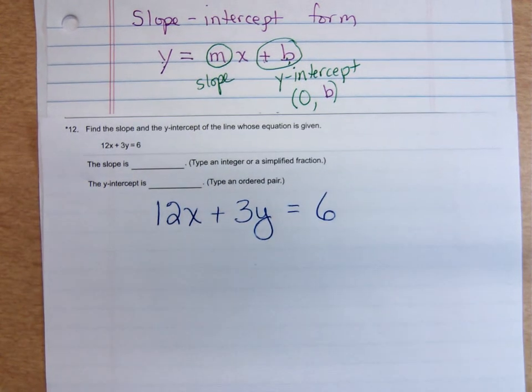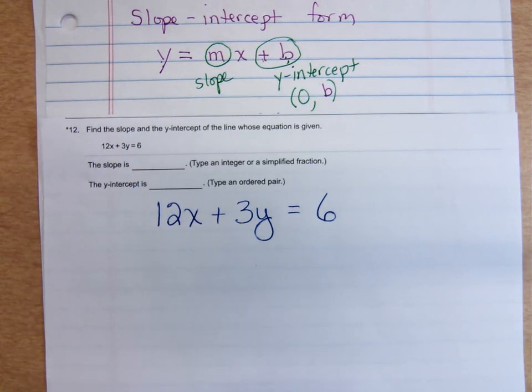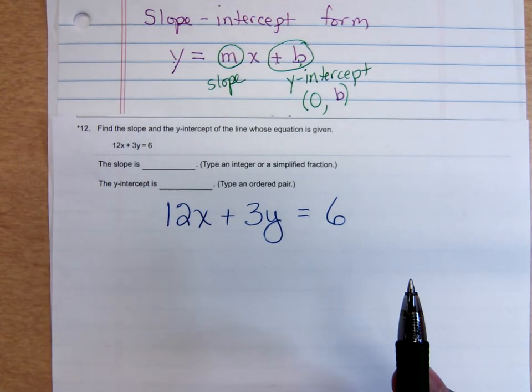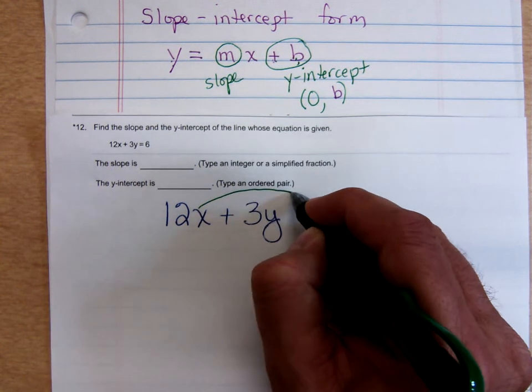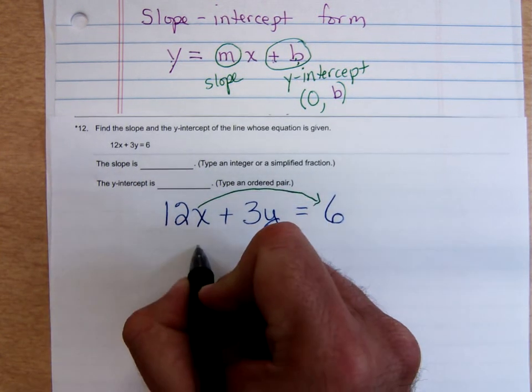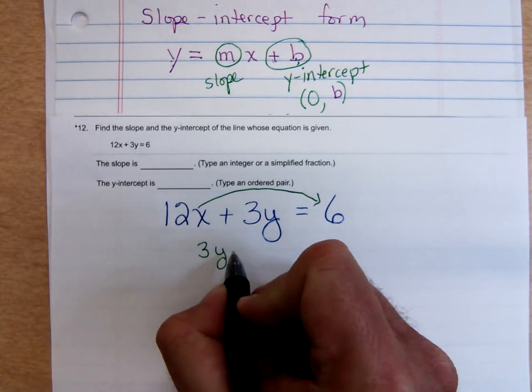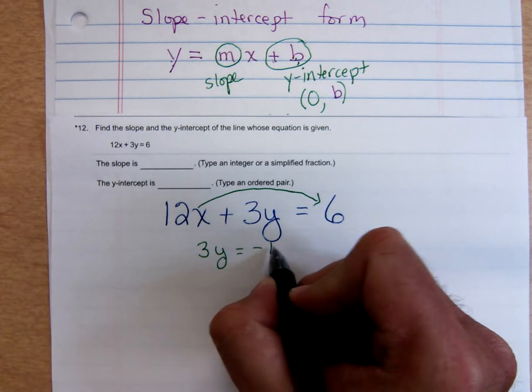We know how to find the slope and the y-intercept if the y's by itself. So what am I going to do? Get that y by itself. It's going to take a little bit more effort on this one. We'll subtract the 12x. So we have 3y equals negative 12x plus 6.